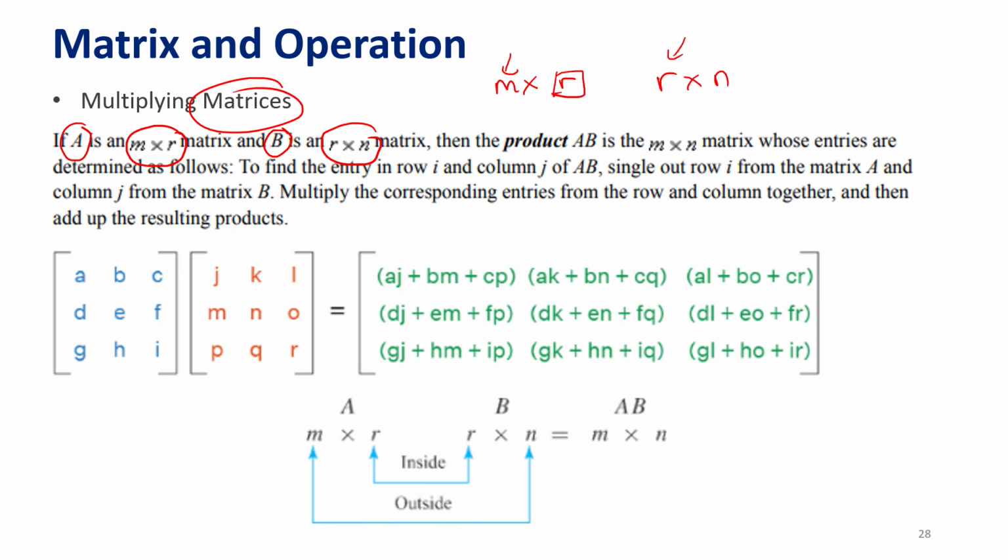Make sure these are equal, so that you can multiply them together. Then you will have an M by N matrix. This is called the product AB.